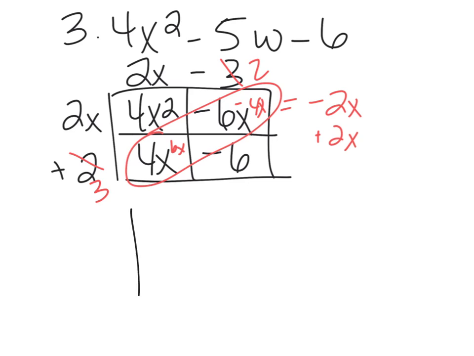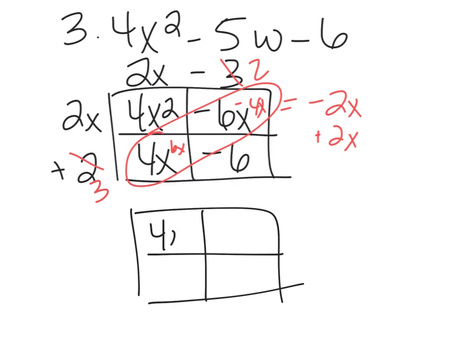Let me do, instead of 2x and 2x, maybe I should do 4x and 1x. Now, if I put my 3 and 2, that's going to be 12. Okay, let me do plus 2 minus 3.